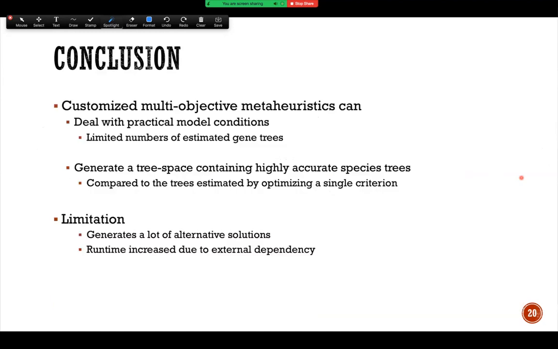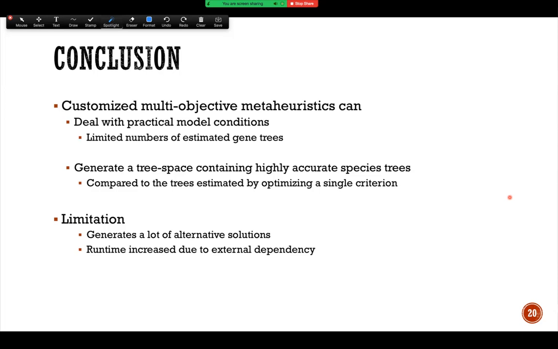In conclusion, we'd like to state that a carefully customized multi-objective meta-heuristic can deal with practical model conditions with limited numbers of estimated changes, and it can generate a tree space containing a highly accurate species tree compared to the trees estimated by optimizing a single criterion. At present, our study has some limitations.